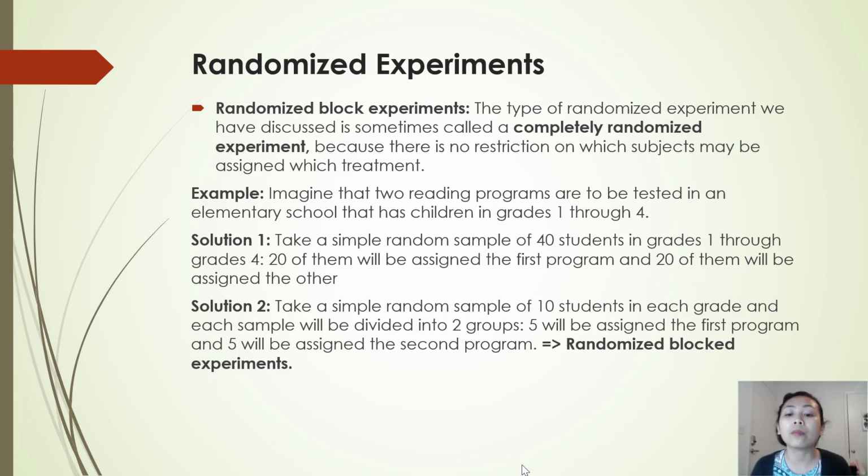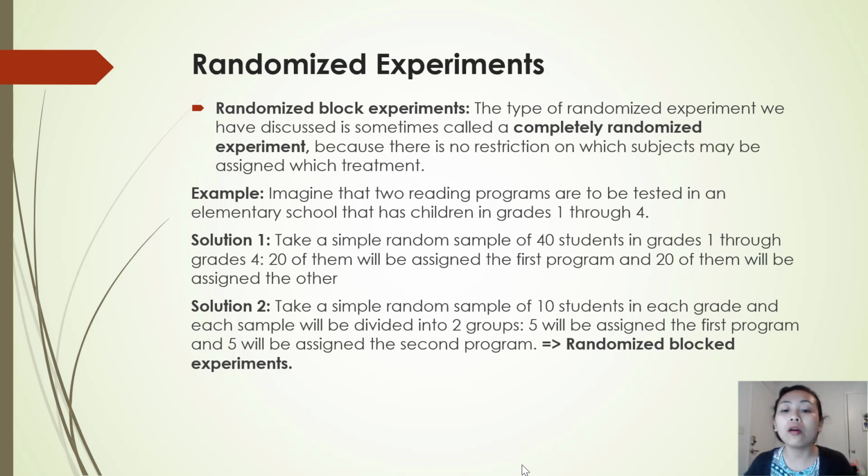So here we have blocks: four blocks, and in each block two groups. This is a randomized block experiment because we include the four blocks in the experiment. In this case, we get rid of the chance of having more students from grade 1 or more from grade 4.